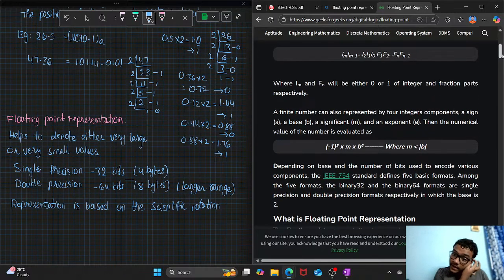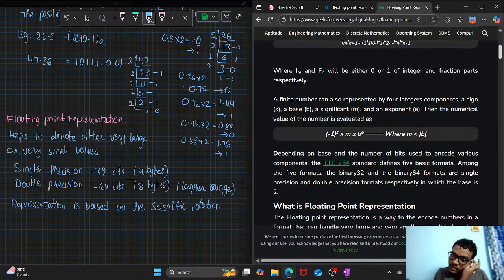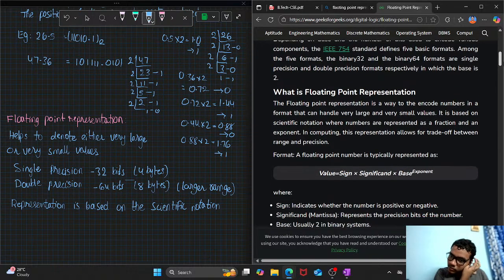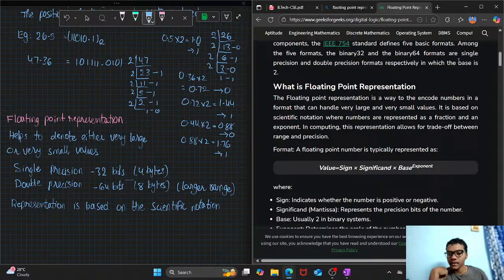And a finite number can also be represented by integer components: sign, significand, and exponent. The significand is also called the mantissa.